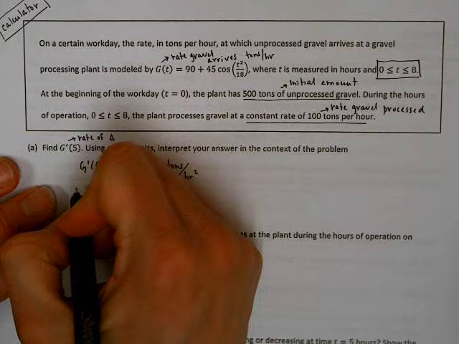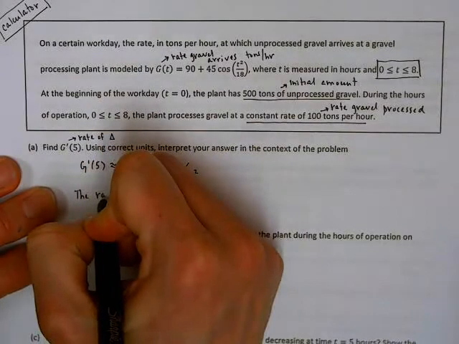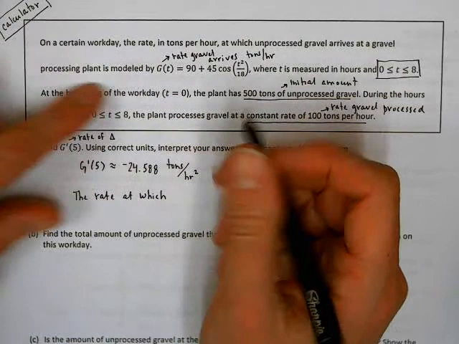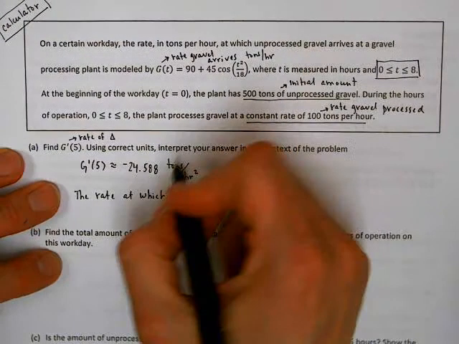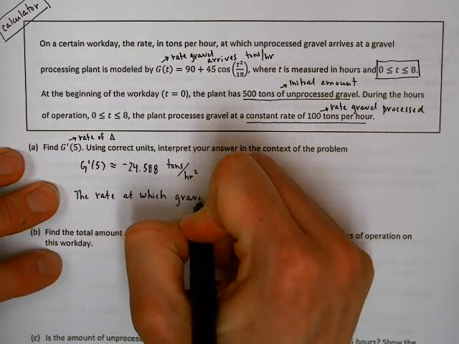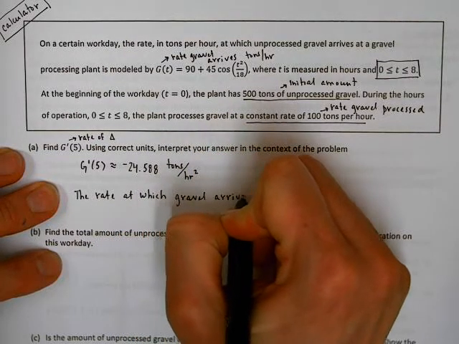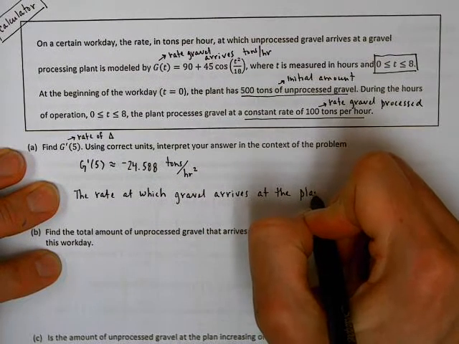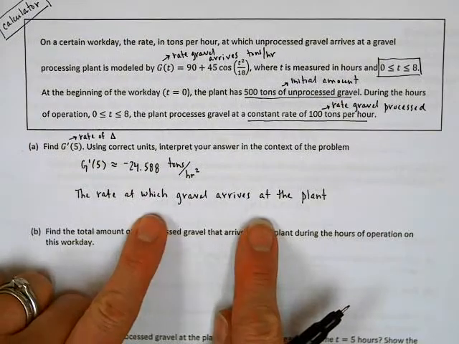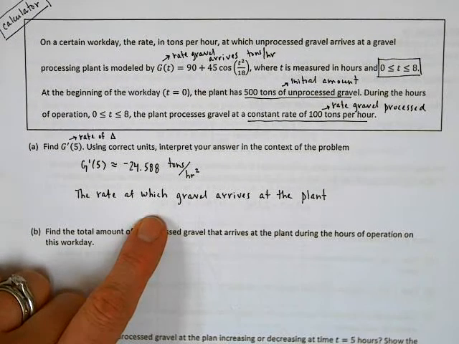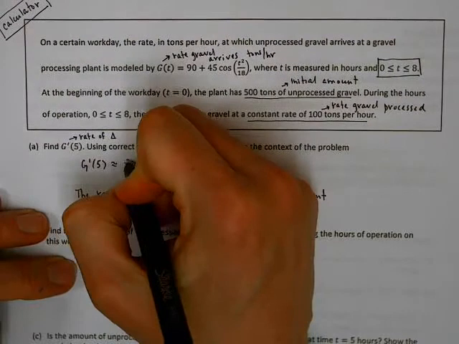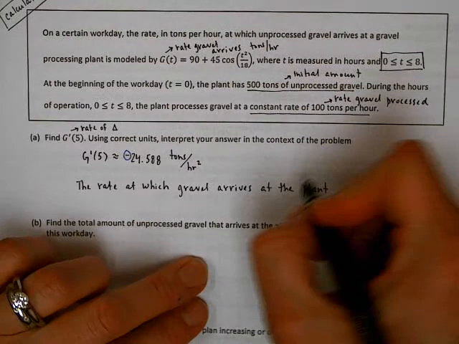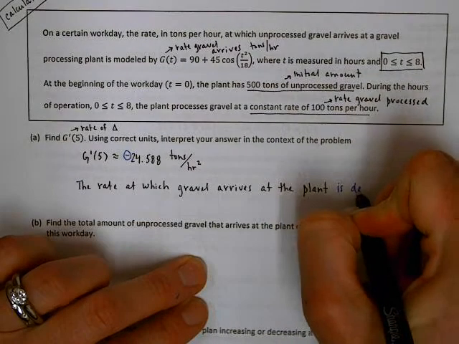So what we could say is the rate at which G is talking about the rate at which gravel arrives at the plant. Now we want to talk about how this rate is changing. Since I have a negative derivative here, we would say the rate at which gravel arrives at the plant is decreasing.